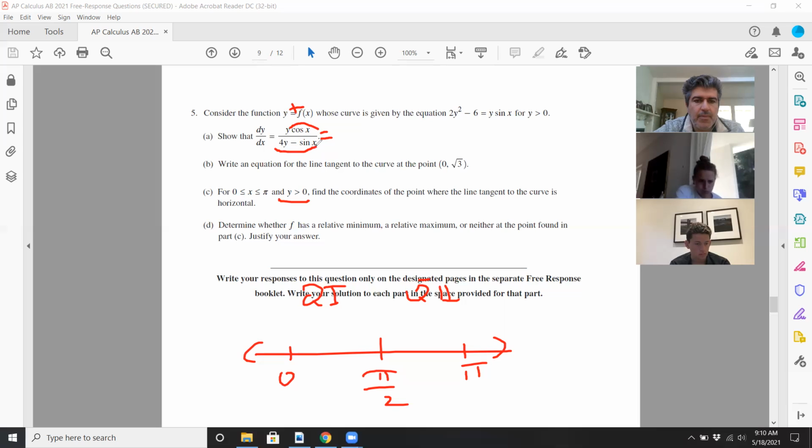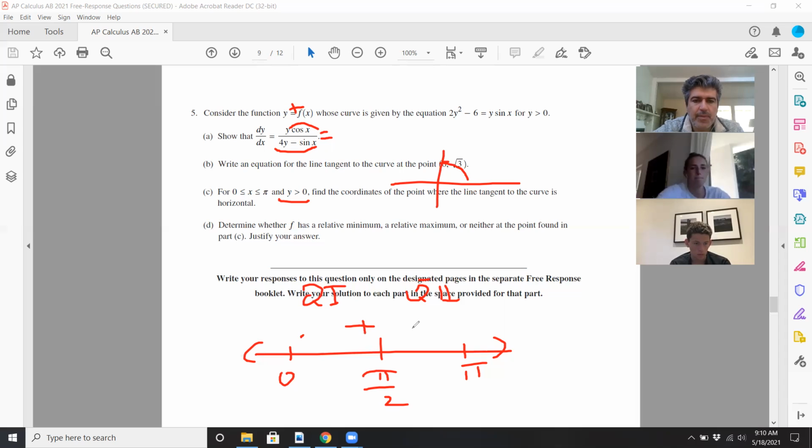Here, you have 4y minus sine x. Now, it is a little tricky, but the most sine can ever be is 1. That's the highest sine can ever be. And sine takes on a value of 1 when you get close to the y-axis. And of course, y is getting bigger itself too. So I highly doubt that the bottom is going to be negative. Even if it is, it's probably going to be way over somewhere else. So I'm pretty sure our derivative is going to be positive before I get to pi over 2.